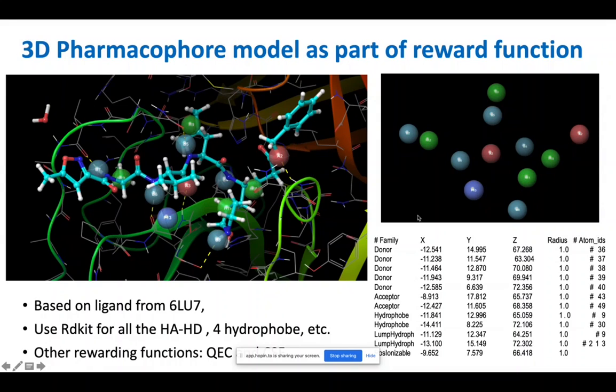There are basically two types of chemical groups important. One is so-called hydrogen bonds. That is, you have a donor and acceptor between the small molecule and the protein, so that they can form stable chemical hydrogen bonds. The other one is hydrophobic patches. That means if your molecule has a hydrophobic group covering a hydrophobic patch on the protein, then it's more likely to be stable for this binding.